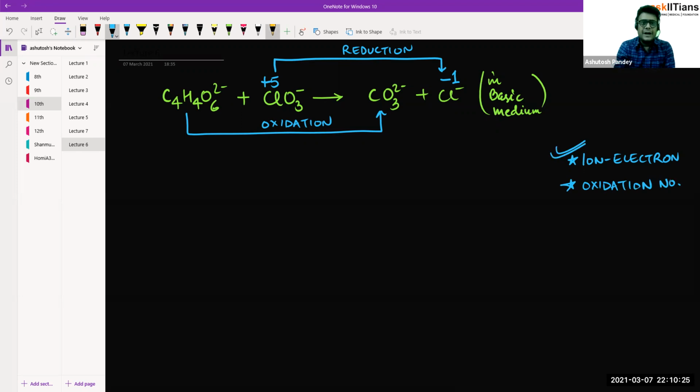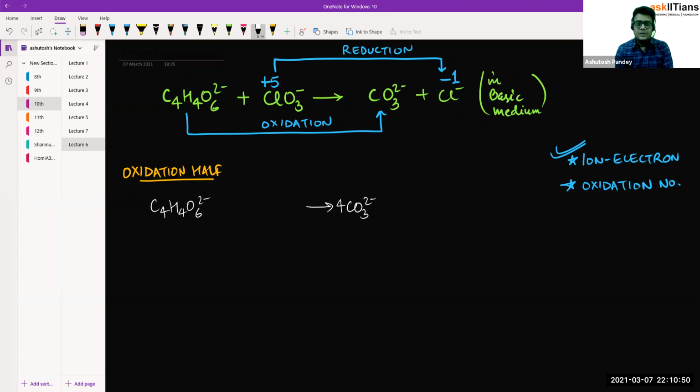We are following the ion electron method now. So we are going to write the oxidation half first. We write the half reaction separately, and then we balance it. C4H4O6 2 minus on this side, and CO3 2 minus on this side. There are 4 carbons, so we'll put 4.